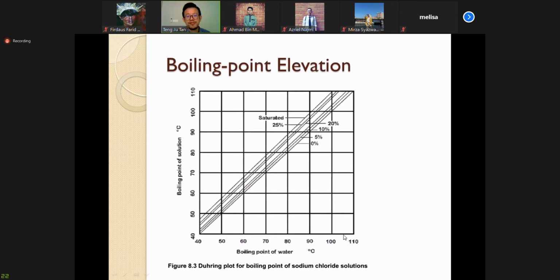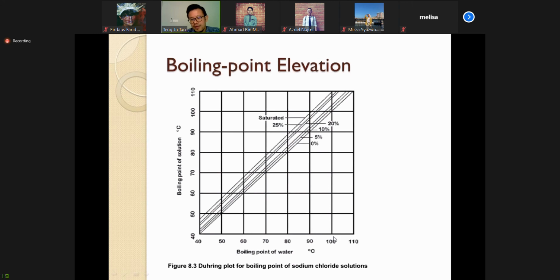So when you read this, you must think, synthesize new information. This also indicates the boiling point of water at various pressures.